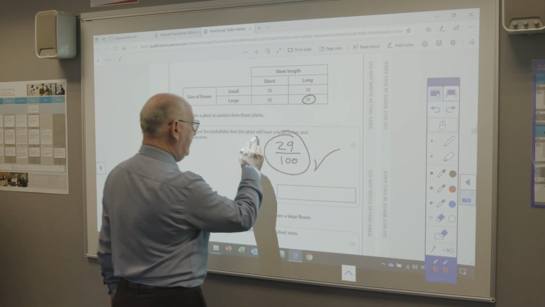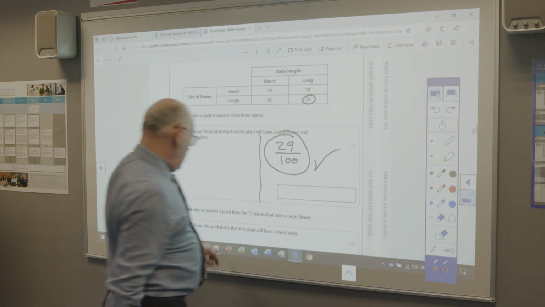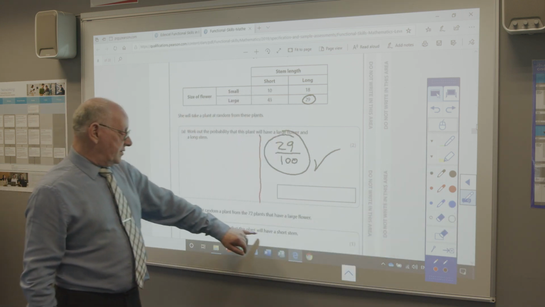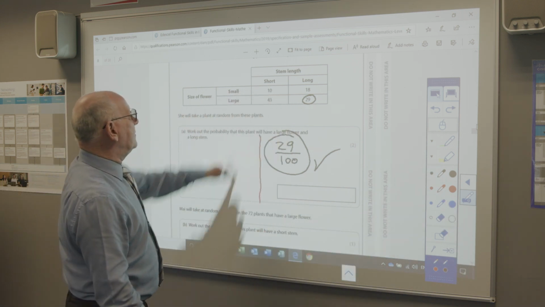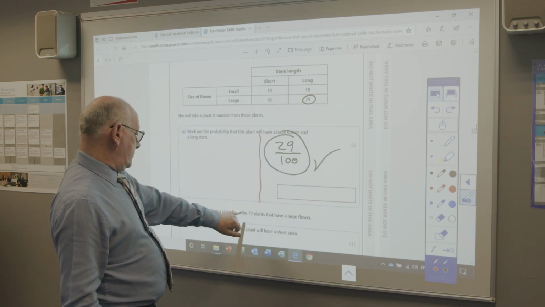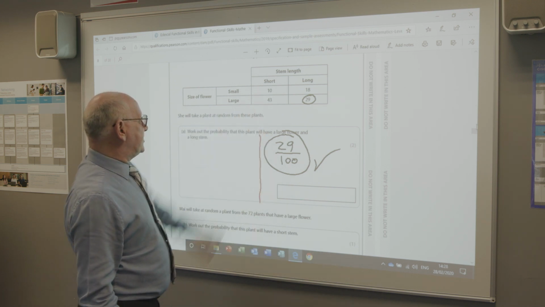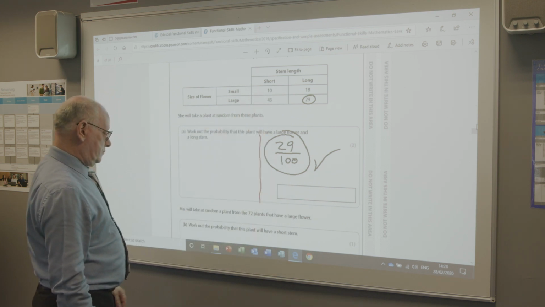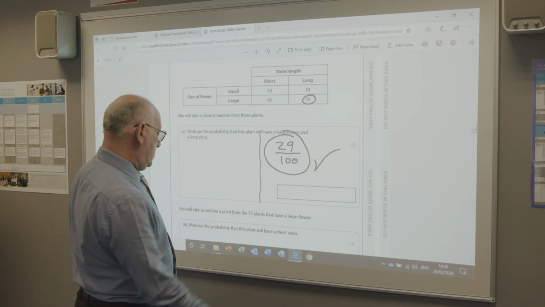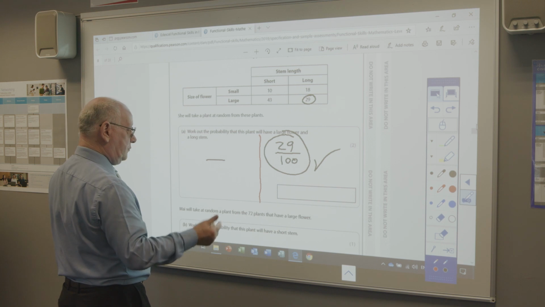I'll put a line down there to separate that question from the other one. Work out the probability that this plant will have a short stem. So it's from a large flower with a short stem. Out of 72.